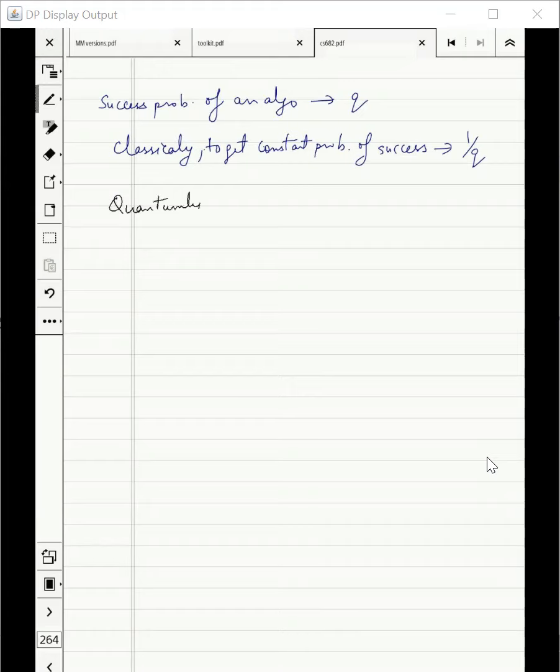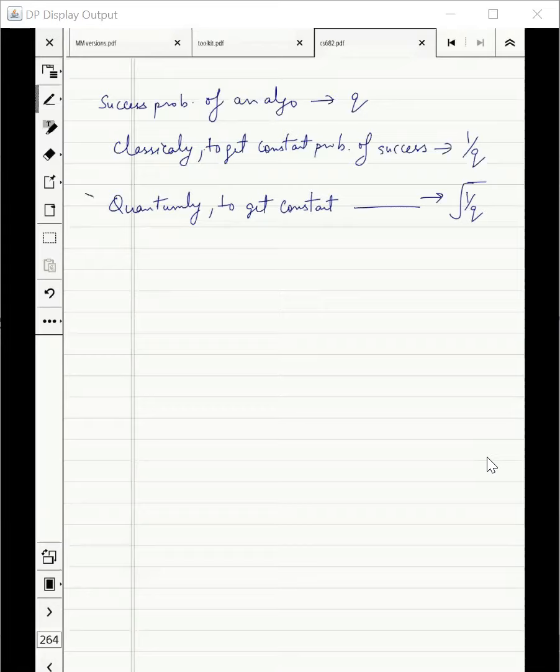Quantumly, to get constant probability of success, we just need to repeat it square root of 1 by Q times. This is what we are going to see.